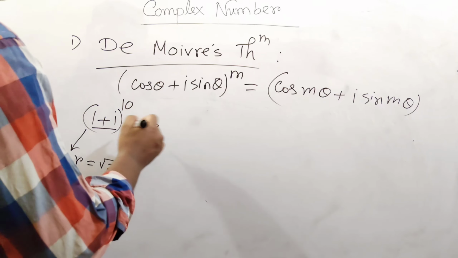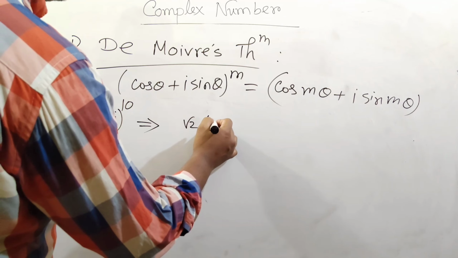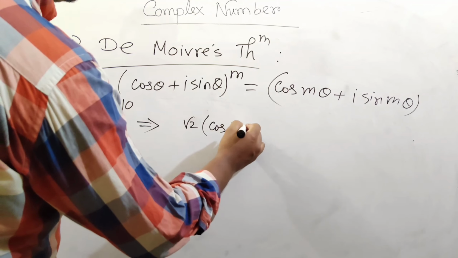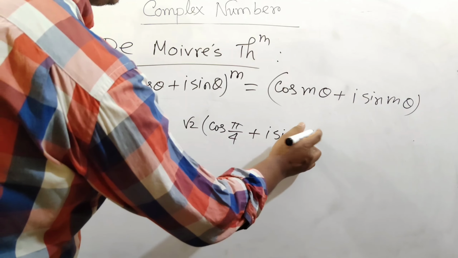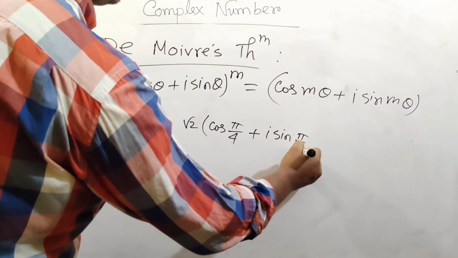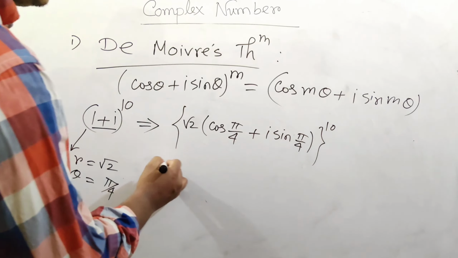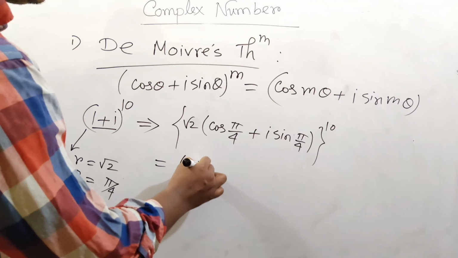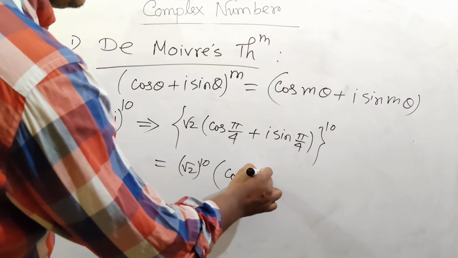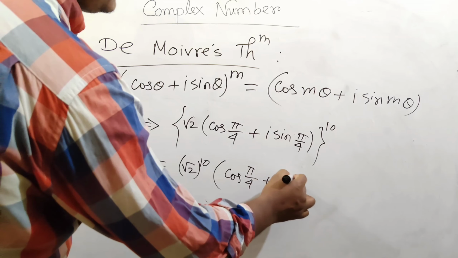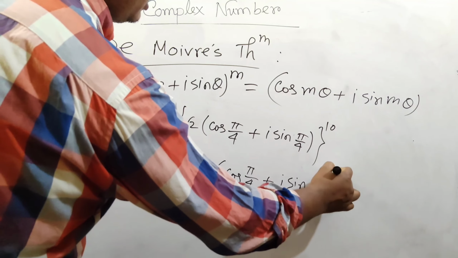Then you can write it in polar form: root 2, cos pi by 4 plus i sin pi by 4, to the power 10. Or you can write root 2 power 10, separating the base, cos pi by 4 plus i sin pi by 4 to the power 10.